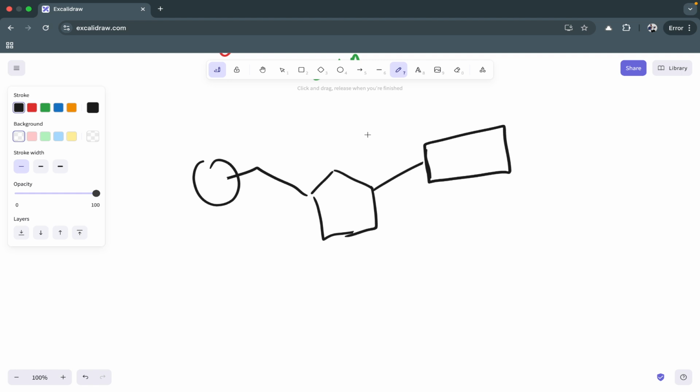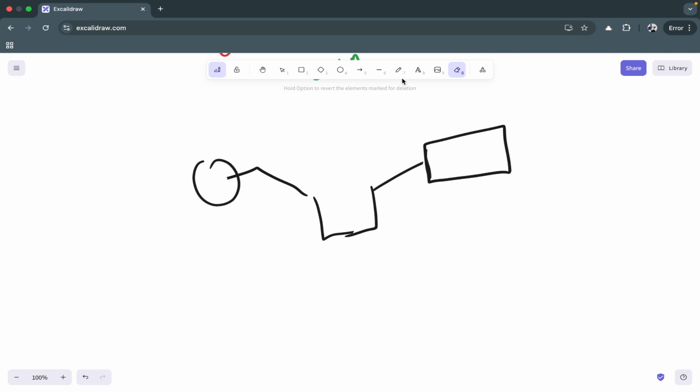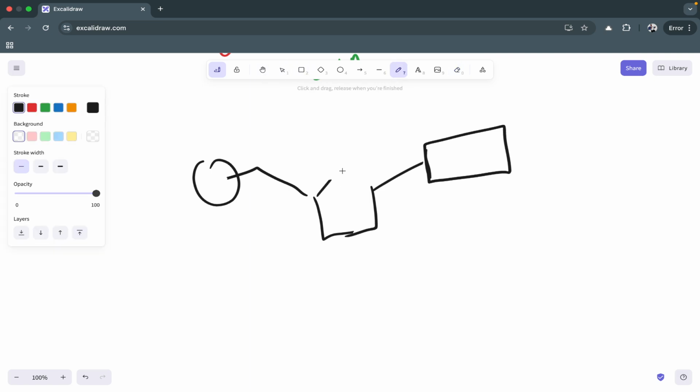Actually, we have one oxygen atom also, which is present in this five-member sugar ring, and the rest of the atoms in the sugar ring are carbon. So this is a carbon, this is carbon, this is carbon, this is carbon, and we also have one more carbon atom between this phosphate group and the sugar ring.